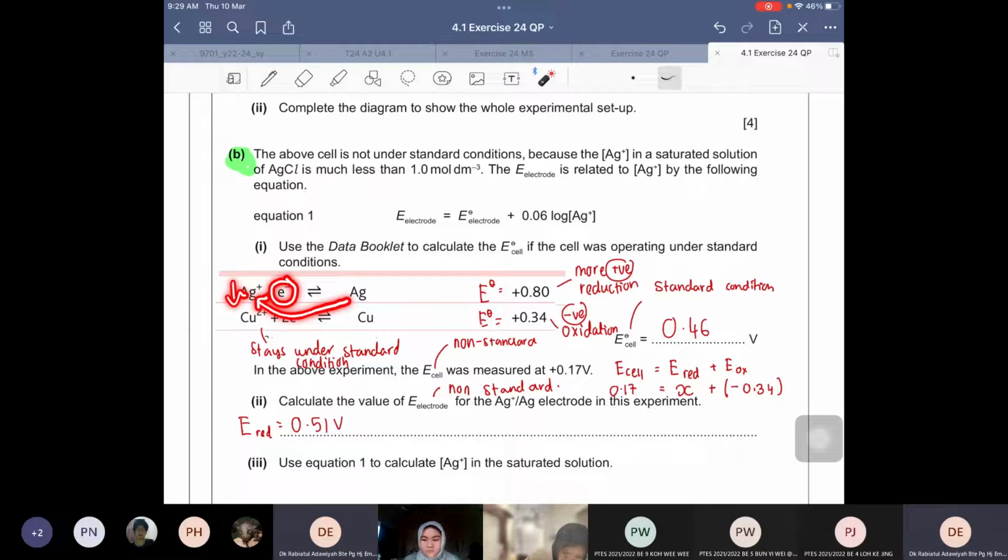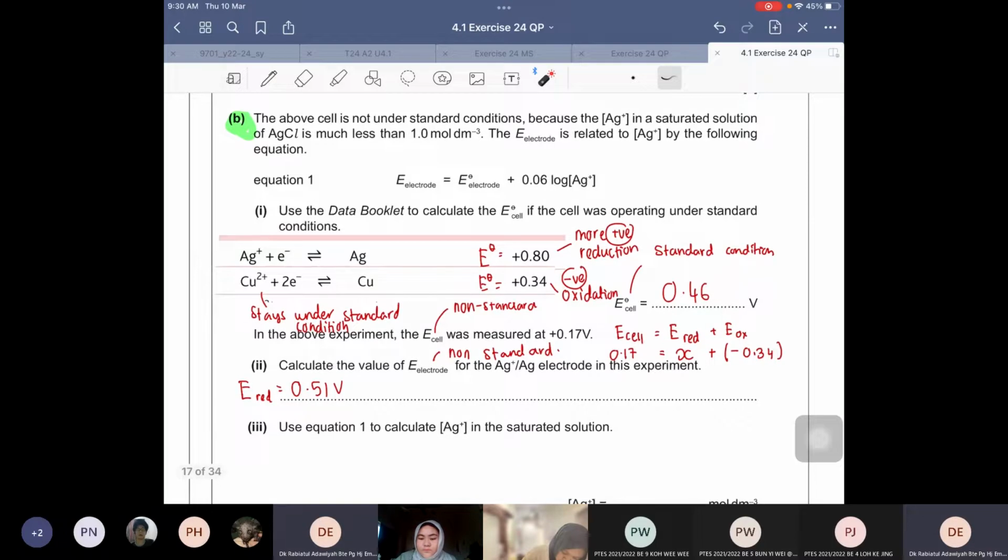So we should expect our electrode potential to become more negative, which is shown and proven by this number. At standard condition, it's 0.80. At non-standard condition, that means when the concentration of Ag+ is less than 1 mole per dm cube, it doesn't say how much, but it's less than 1 mole per dm cube. It's the same effect as decreasing the concentration.